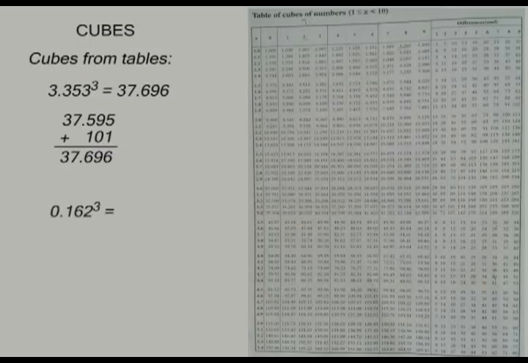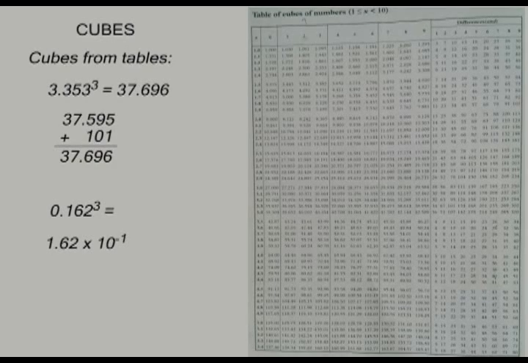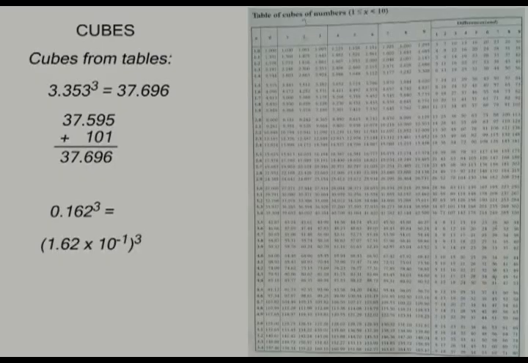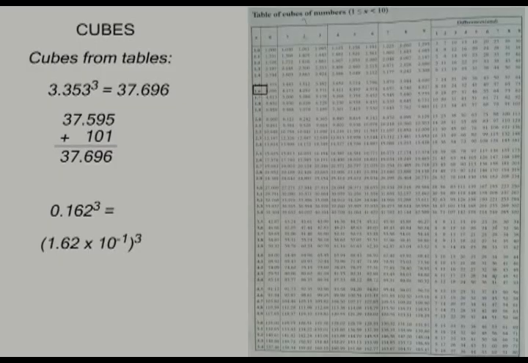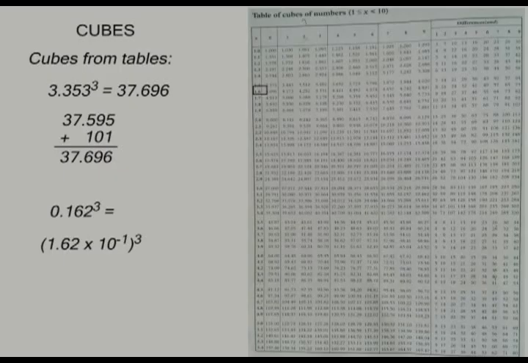0.162 cubed. In standard form, that is 1.62 times 10 raised to power negative 1, and then everything cubed. The cube of 1.62, this is 1.6. The column of 2 coincides with this row here, and the number is 4.252.